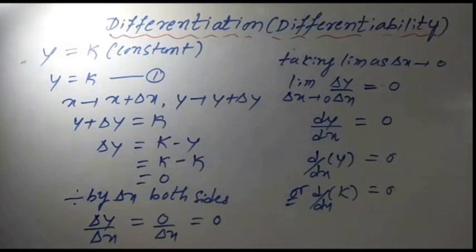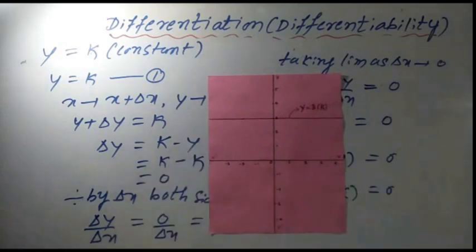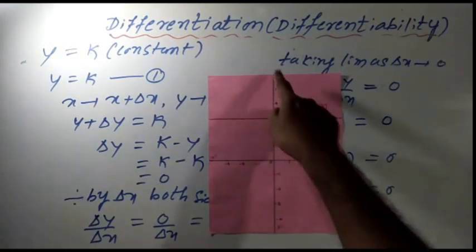Okay, then what about the graph of y is equal to k? Check it. This is the graph of the constant function y is equal to k. This is the x-axis, this is the y-axis.